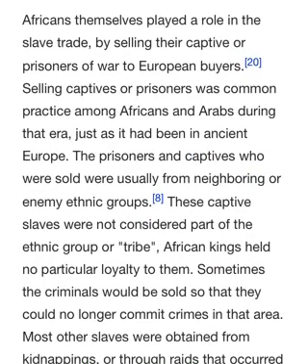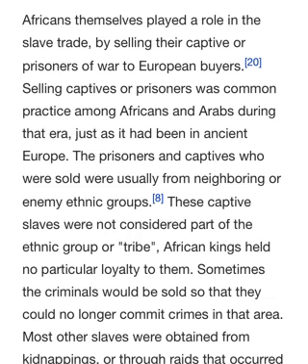It says, Africans themselves played a role in the slave trade by selling their captive or prisoners of war to European buyers. It says selling captives or prisoners was common practice among Africans and Arabs during that era, just as it had been in ancient Europe. So slavery was not an uncommon thing back in the days. It says the prisoners and captives who were sold were usually from neighboring or enemy ethnic groups.